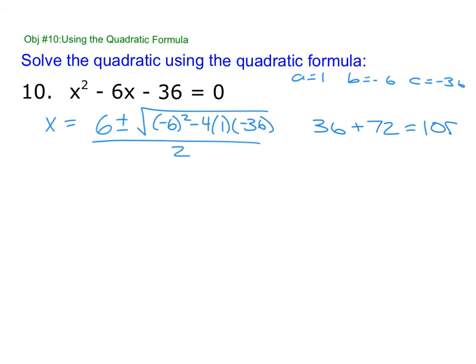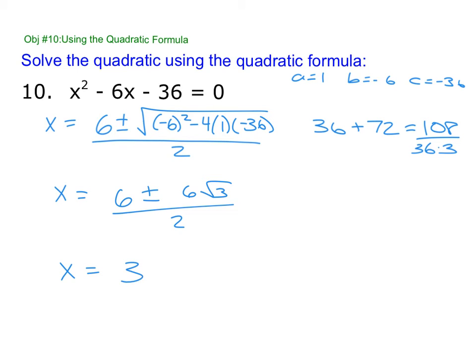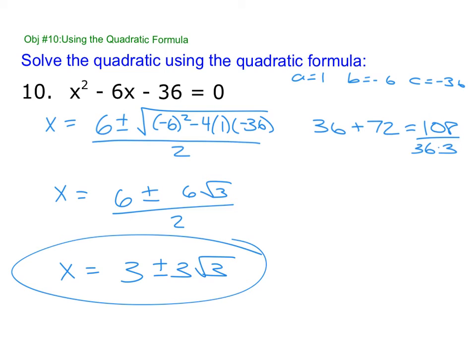It's 108 again. That's funny. So that was 36 and 3. So we get 6 plus or minus 6 root 3 all over 2. 3 plus or minus 3 root 3. Done. Once you get the formula down, it's pretty easy, I think. I don't really think this is that hard.